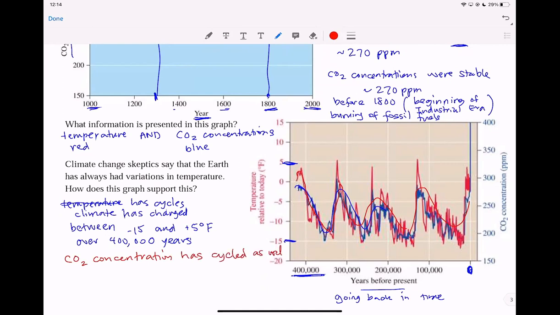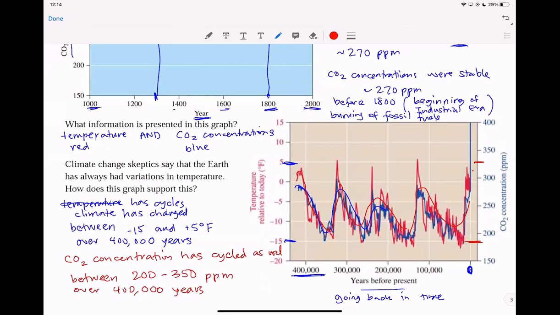They've gone down and up and down and up, within a range of about 200 to 350 parts per million over 400,000 years. And again, these cycles are shown going back 800,000 years.